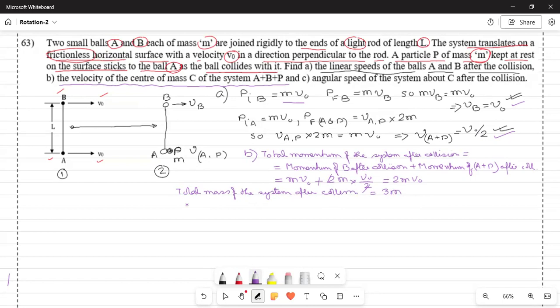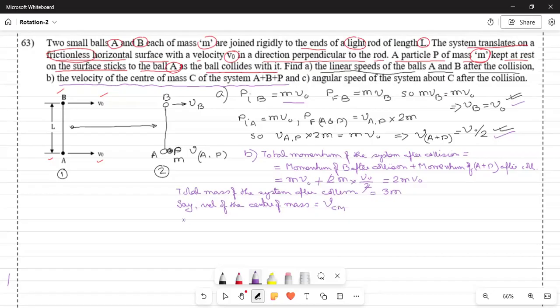Say the velocity of the center of mass is Vcm.